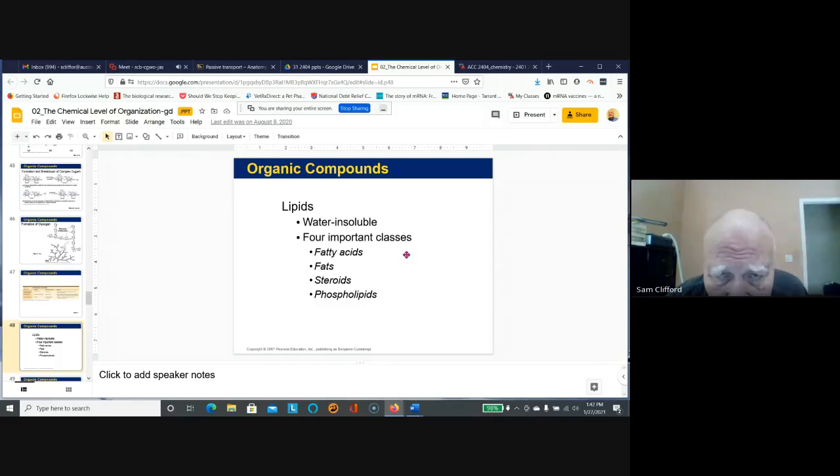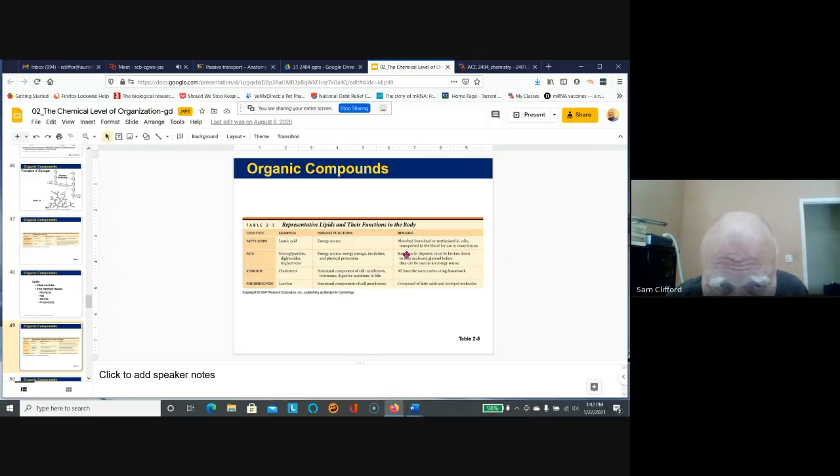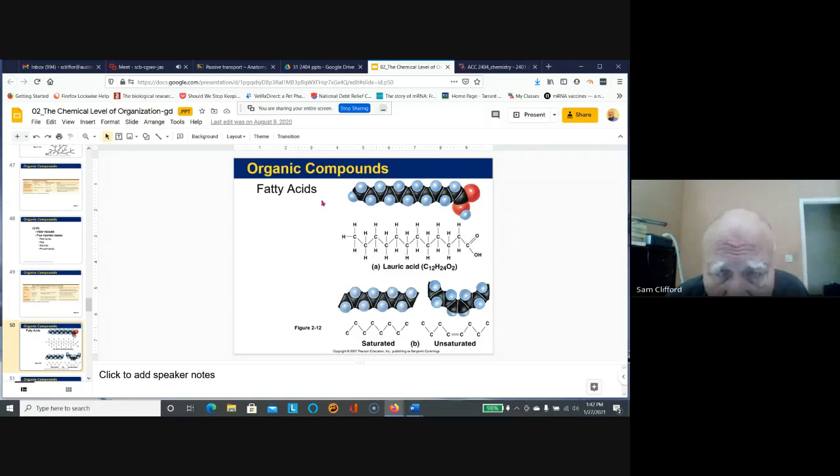Lipids. Okay. So read through this. A fatty acid has carbon and hydrogen on the one side, and it has oxygen and hydrogen and carbon.